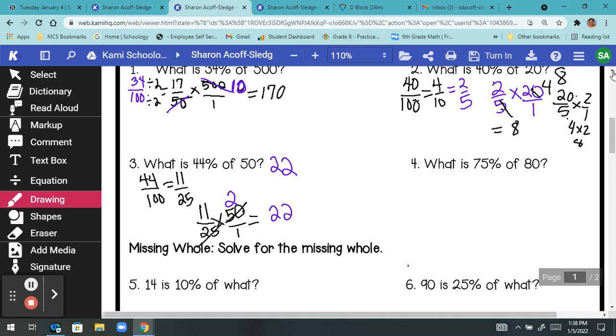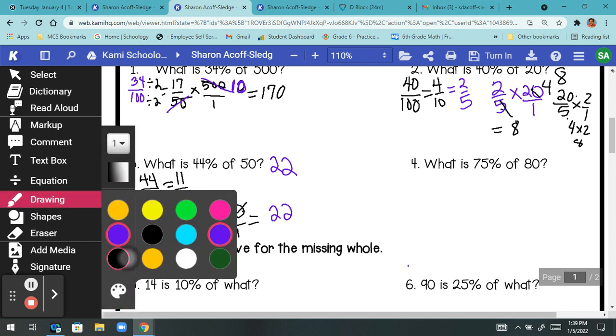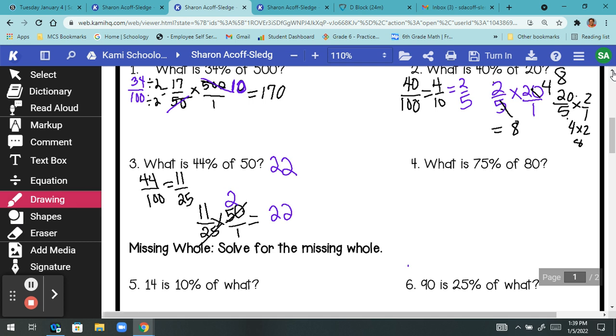Right? Let's go ahead and do number 4. Y'all got that? Yes. Okay. Let's see if we can do number 4. So first you got to convert 75% to a simplified fraction.